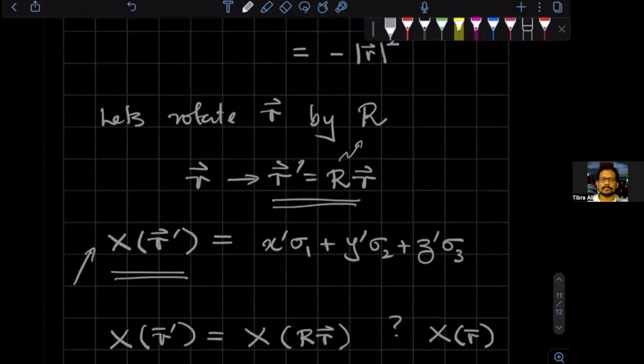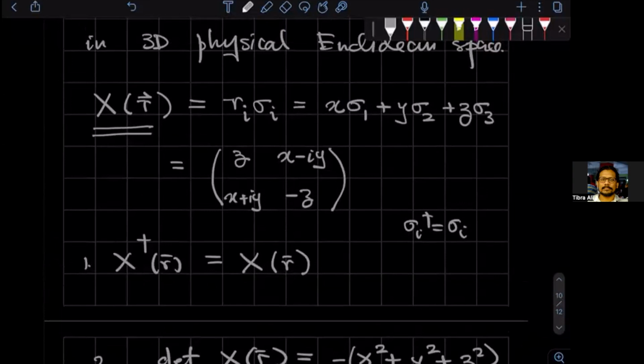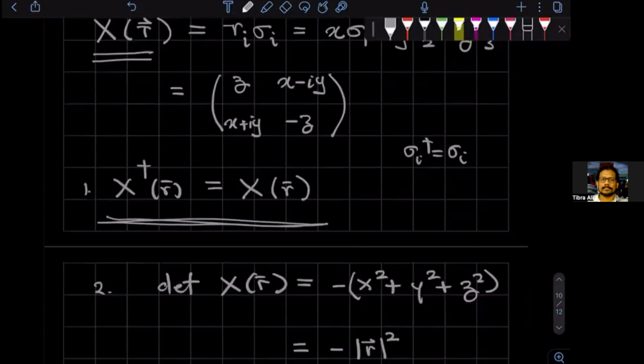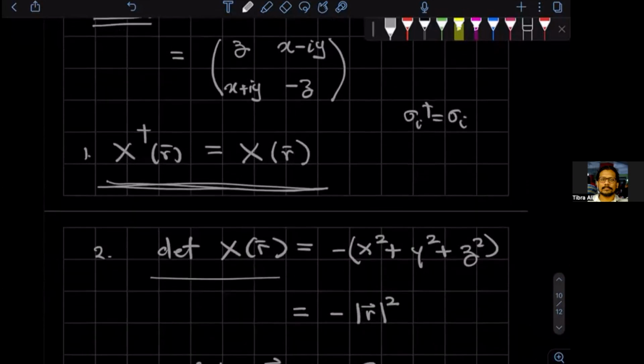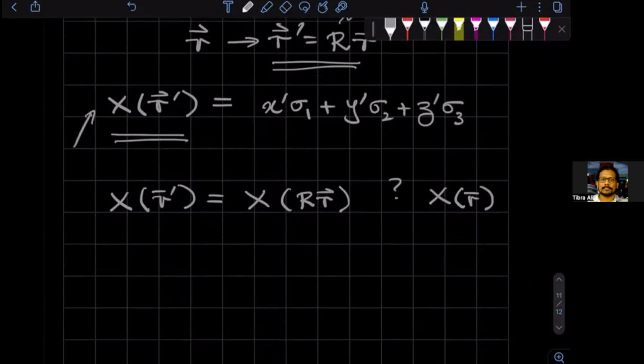So to do this, let's go back and look at the relevant properties of X of R. One is that X of R is Hermitian. The other one is that its determinant gives me the length of the vector squared. So this transformation that takes us from X of R to X of R prime should preserve these properties.